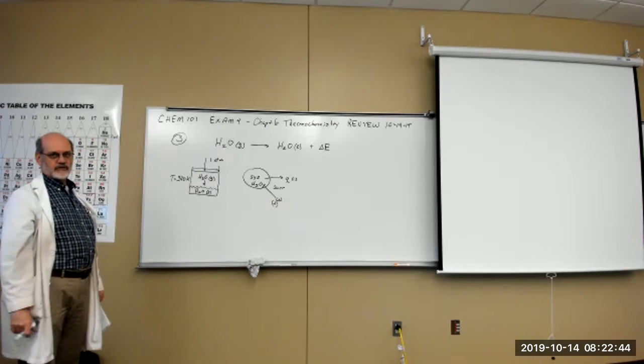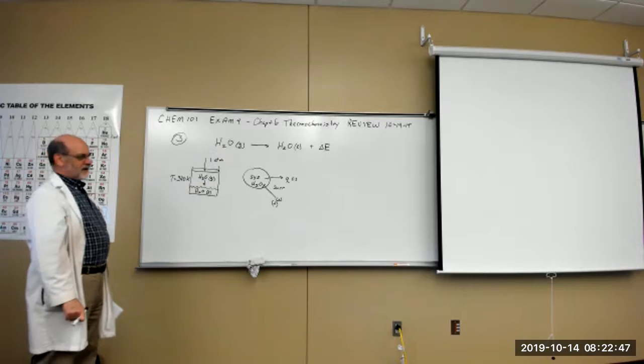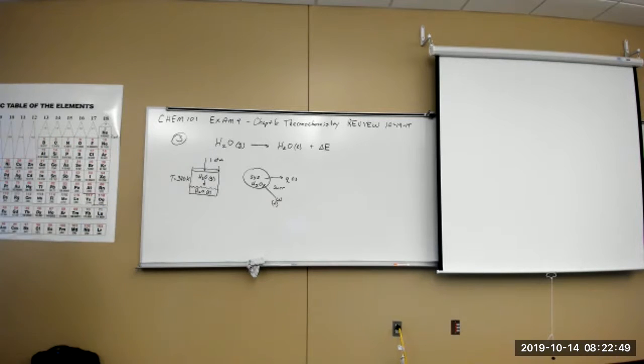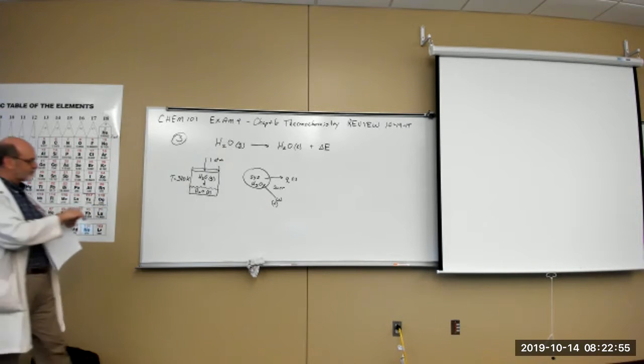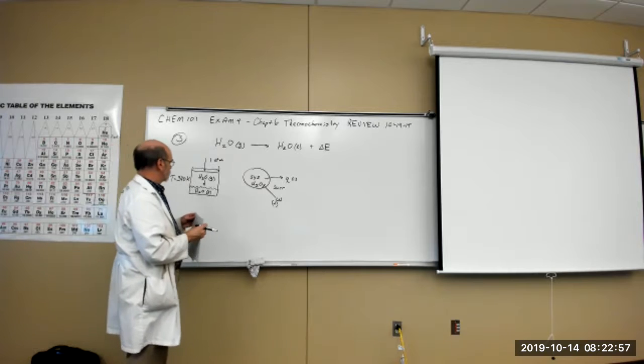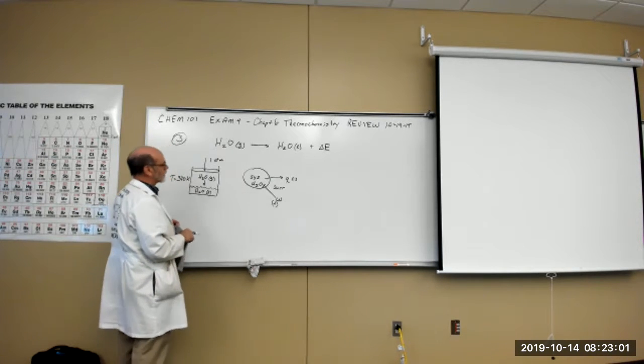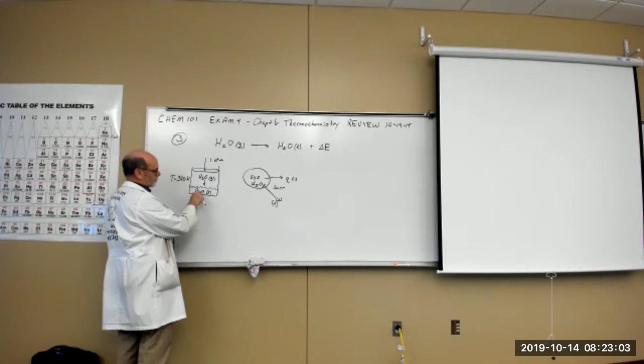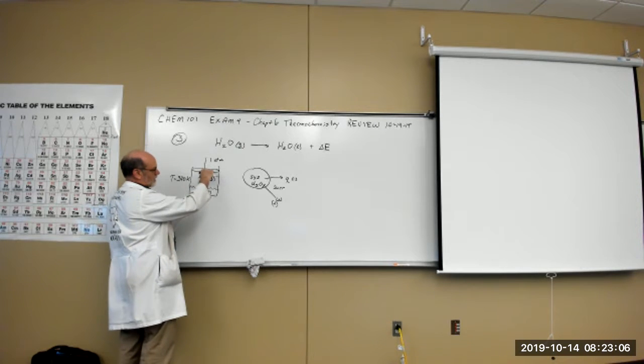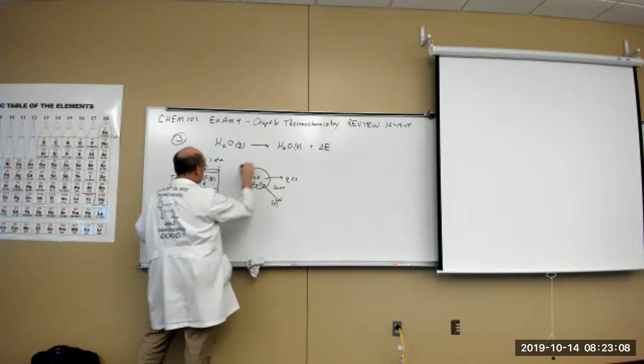Sometimes it helps to draw pictures. Question? So H2O gas is the system, but if it's working on the liquid part of it, how is that? No, it's working on the gas, because it's going from gas to liquid.